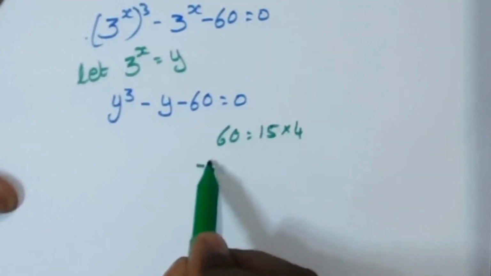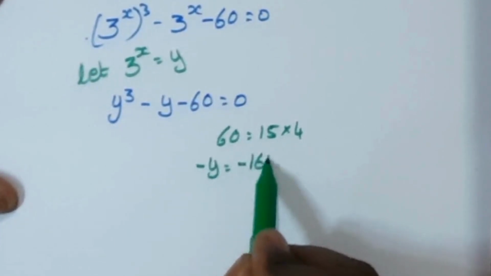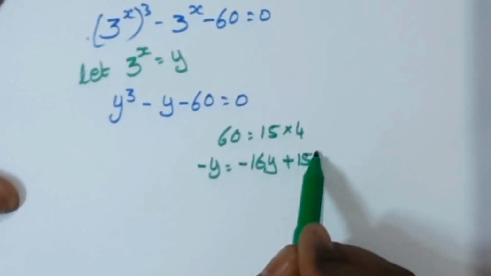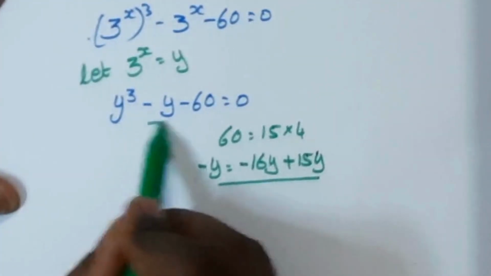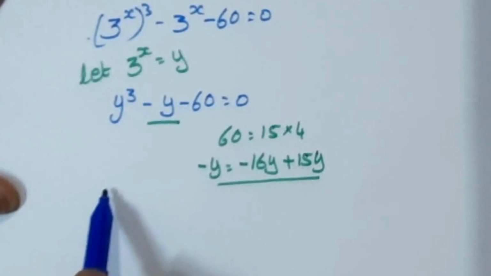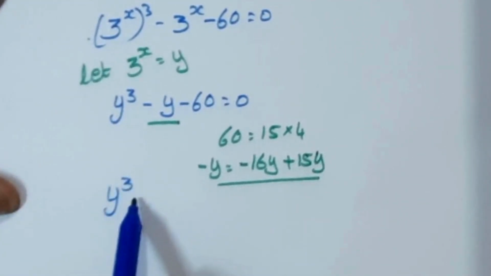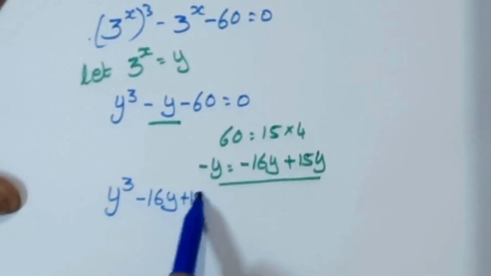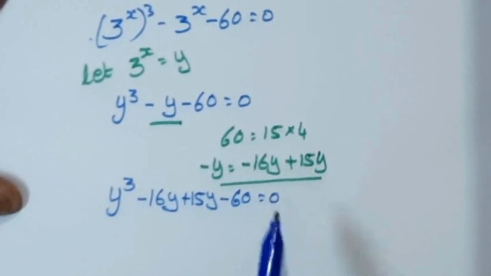Also, minus y can be written as minus 16y plus 15y. We are going to change this. So y to the power of 3 minus 16y plus 15y minus 60 equal to 0.